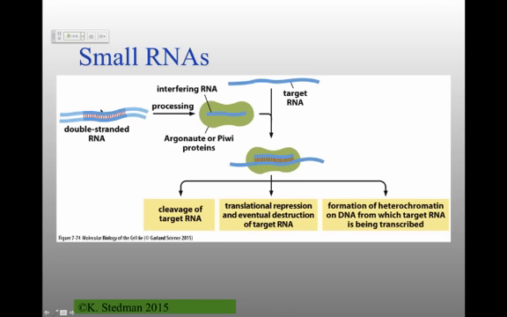You have double-stranded RNAs, which then lead to either cleavage of target RNA, translational repression, or even, in some cases, formation of heterochromatin. So, again, sort of ties together a lot of the stuff we've been talking about for the last couple of lectures and then earlier on in the course as well.